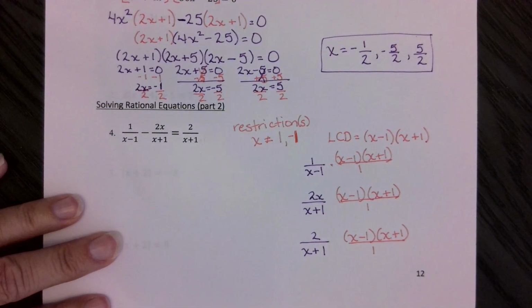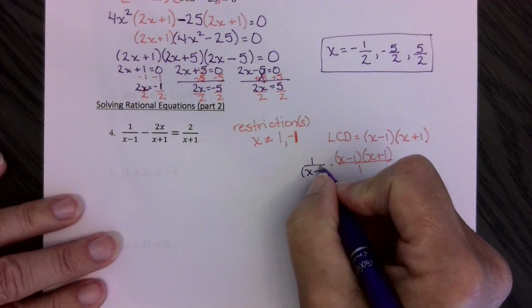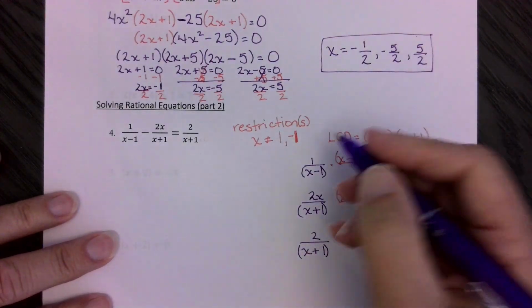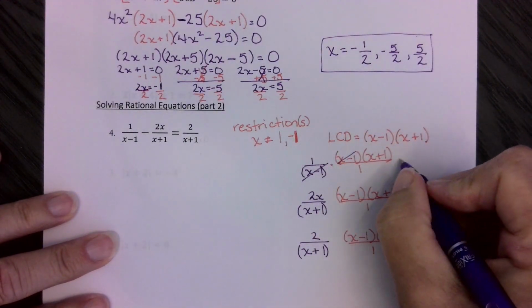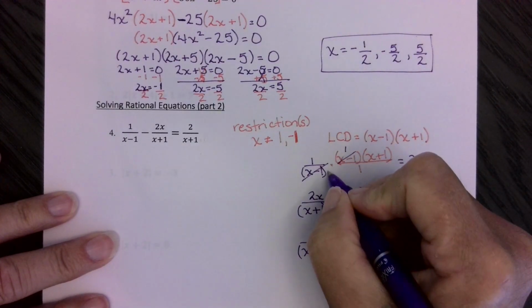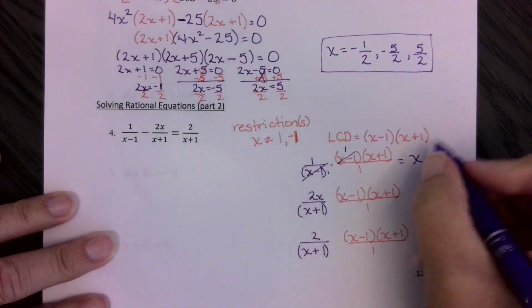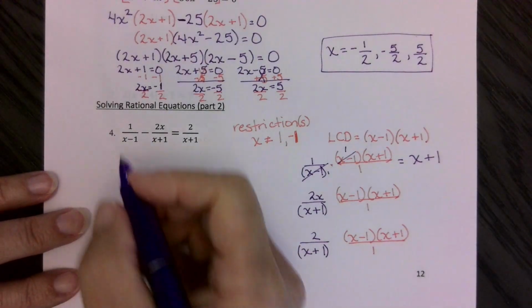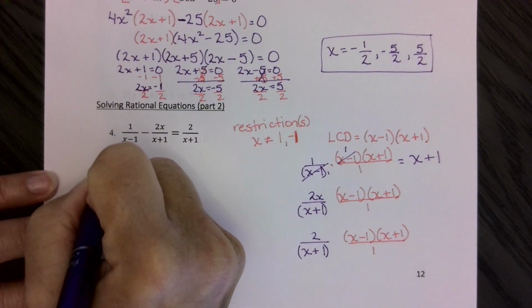Okay, so now you start canceling. These go together, that's why I'm putting them in parentheses. So my x minus 1's cancel, and they cancel to give you 1's. So 1 times x plus 1 gives us x plus 1 over 1. So right here I have x plus 1.